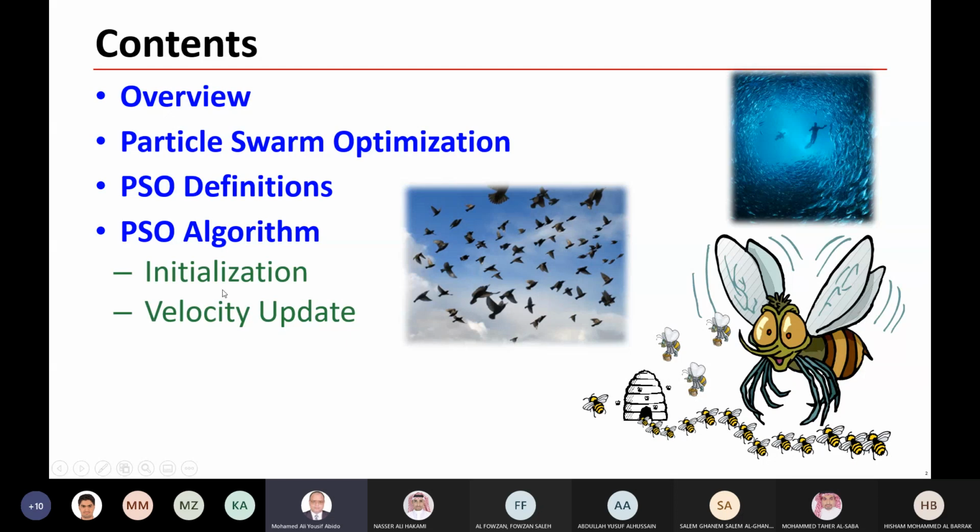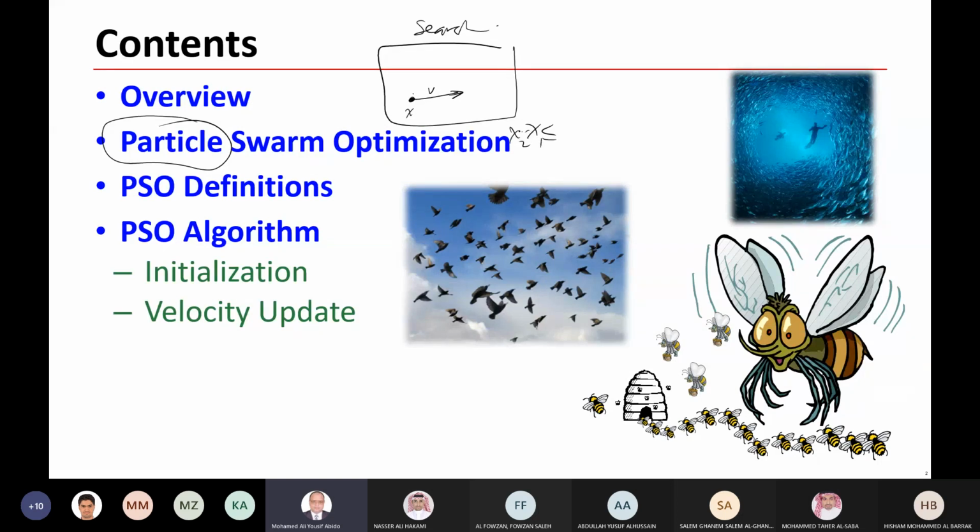Also, we have here particles, and each particle in this technique specifically has a position and a velocity. So each particle x has a velocity v, and this particle will fly in the search space. This is the search space, where x should be greater than or less than x1 and x2, and so on.